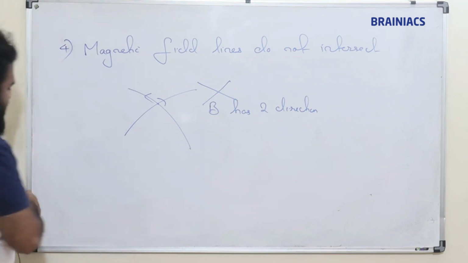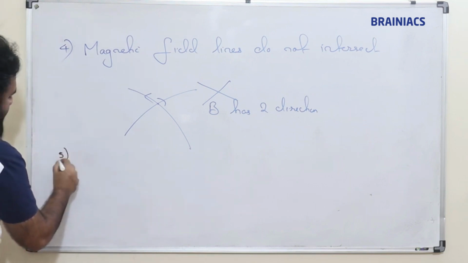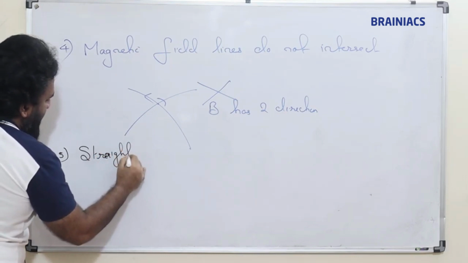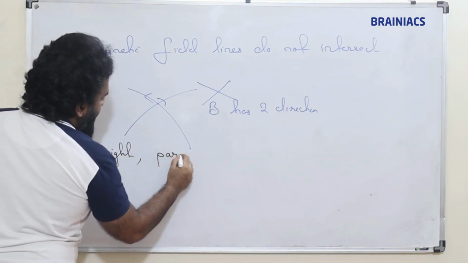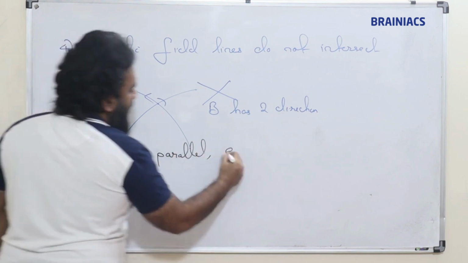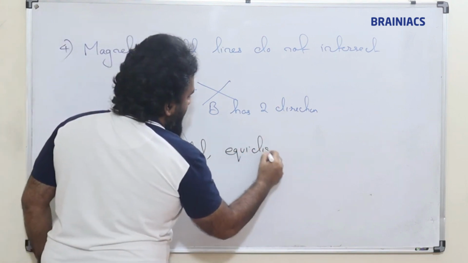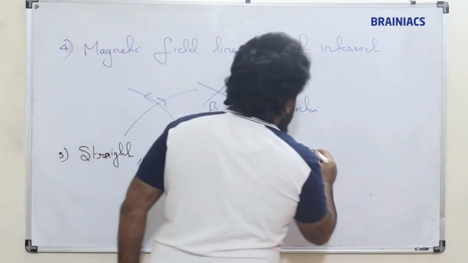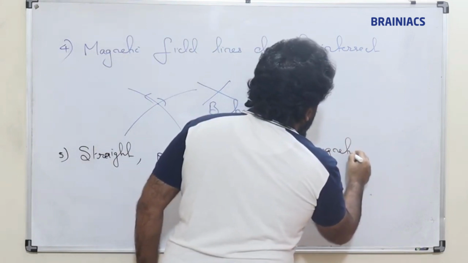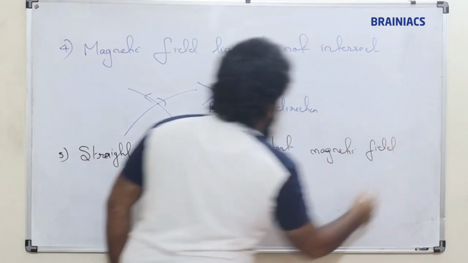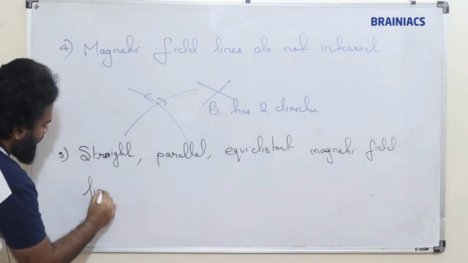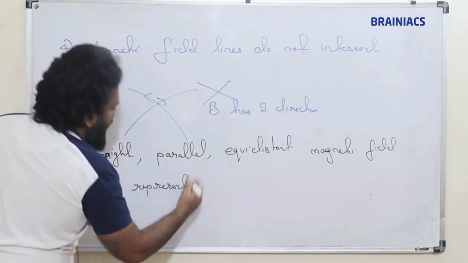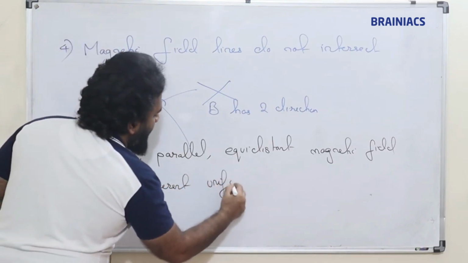Okay, fifth point is straight, parallel, equidistant magnetic field lines represent uniform magnetic field.